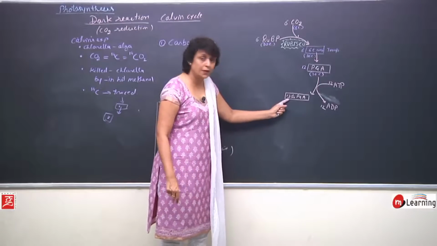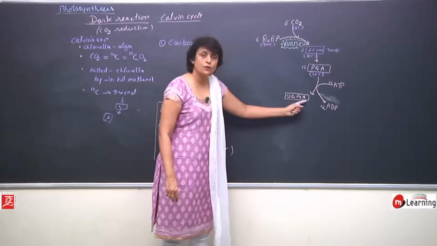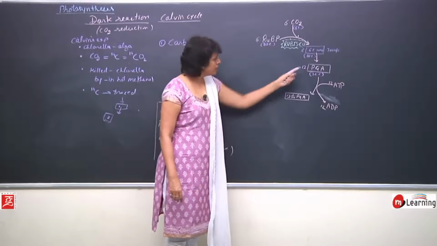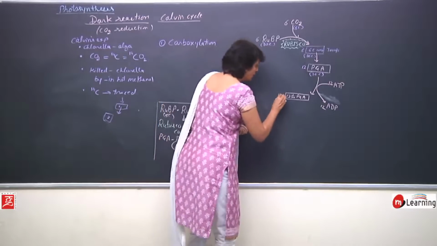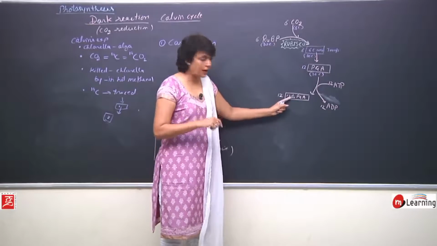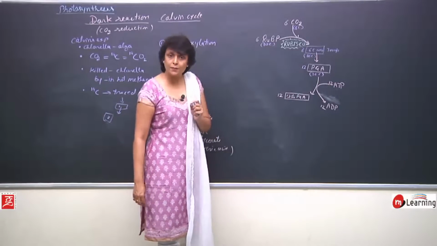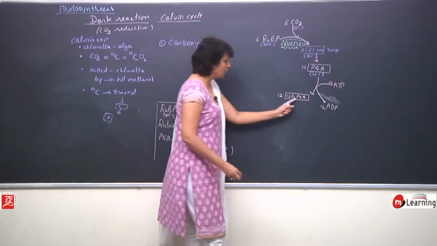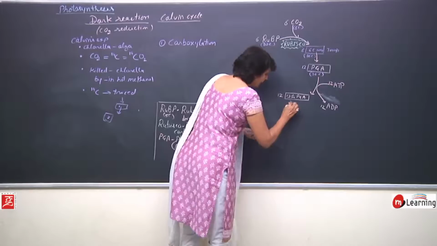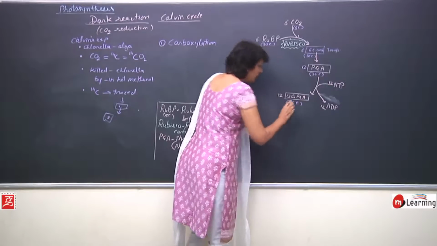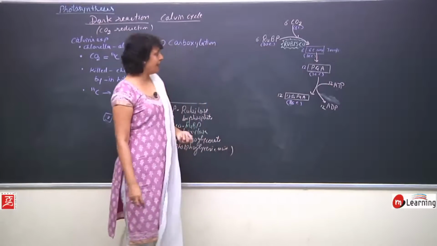So it becomes 1,3-diphosphoglyceric acid. How many molecules? Same number. So here also 12 molecules of this. Though it is a diphosphate, it is still glyceric acid. So it has same 3 carbon atoms. So 3 into 12, that is again 36 carbons are there.